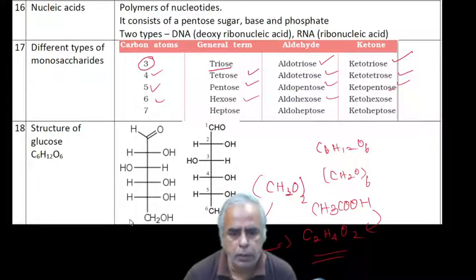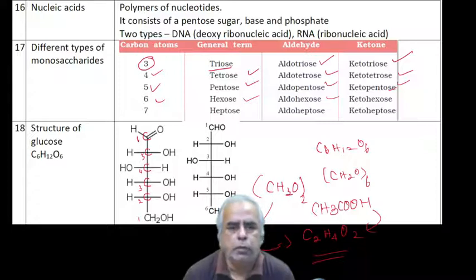Now let me consider this structure. So CHO, CHOH, CHOH, CHOH, CHOH, then CH2OH. When we start counting from here, 1, 2, 3, 4, 5, 6.